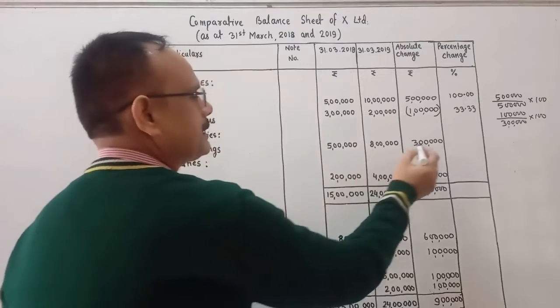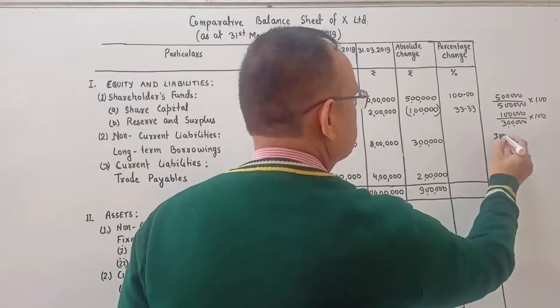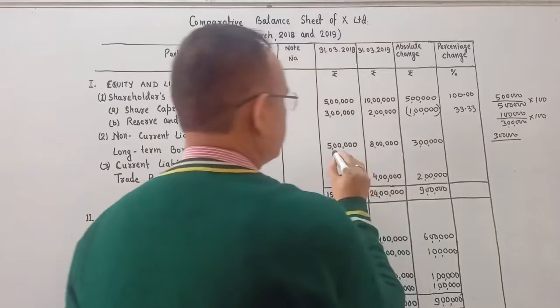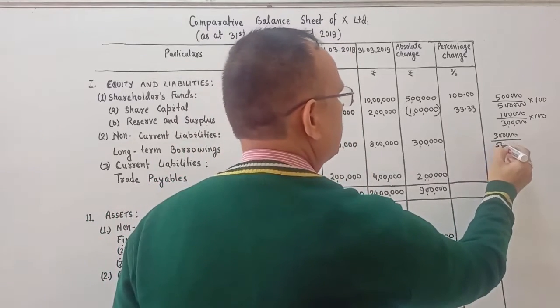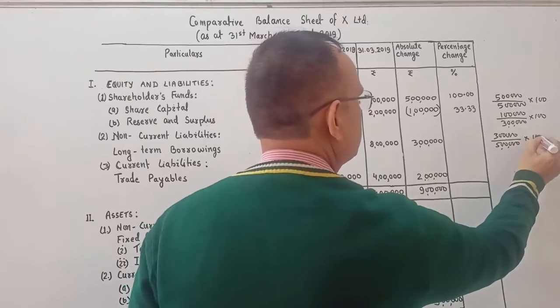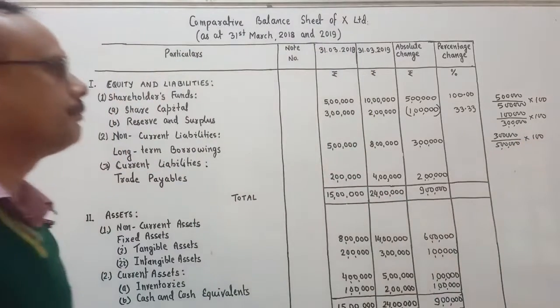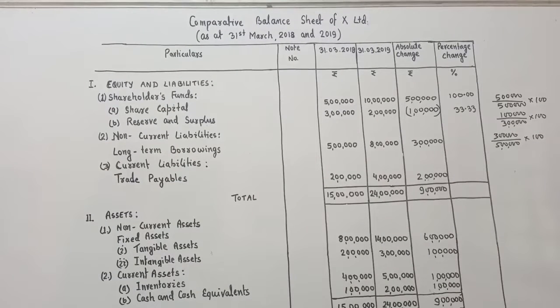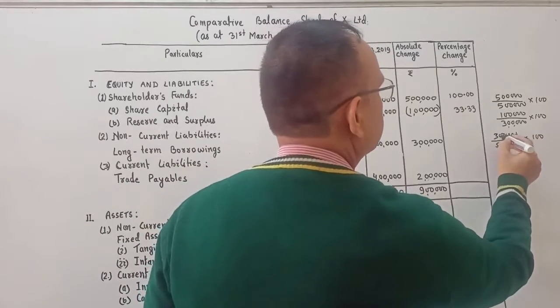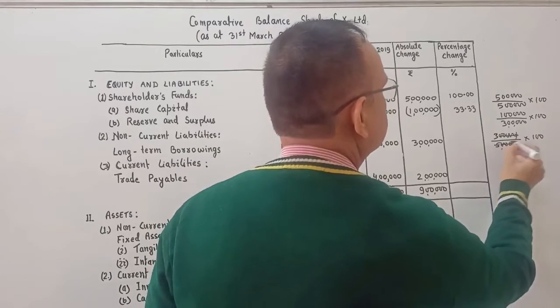Here you see the change is 3 lakhs and previous year figure is 5 lakhs. Absolute change 3 lakhs upon previous year figure into 100. So, we will calculate the percentage. It is 60%. Okay, it is 60%.